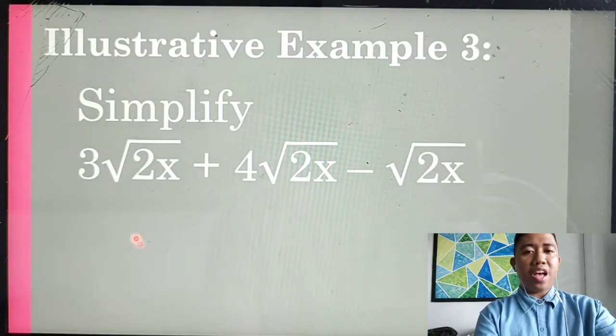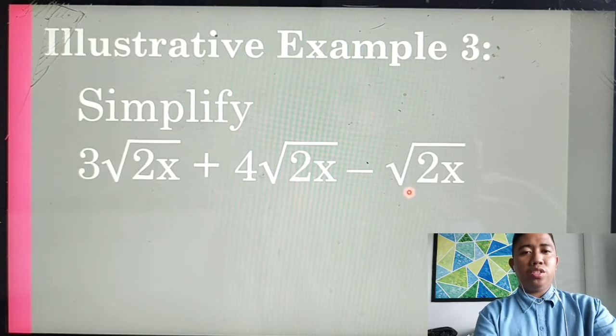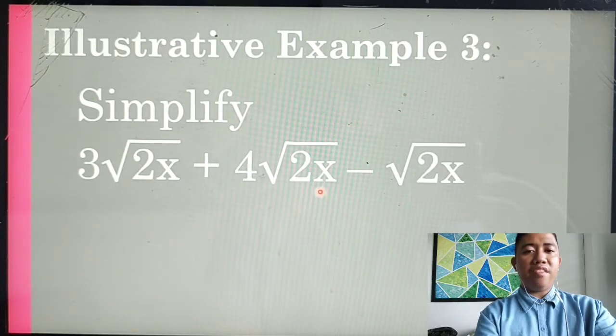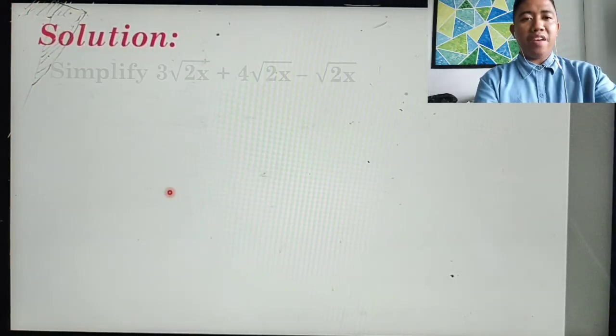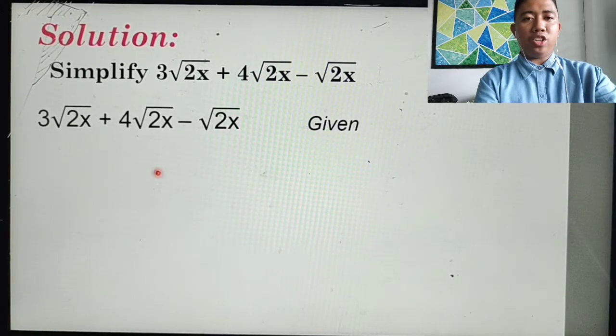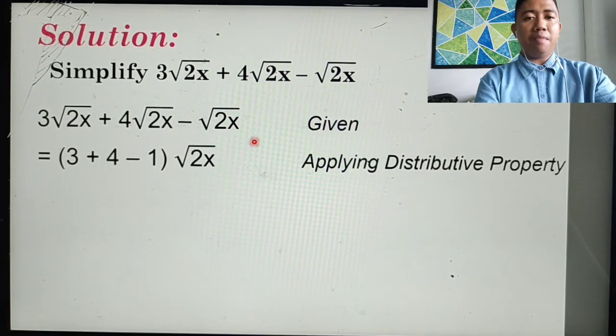How will you simplify 3 times the square root of 2x plus 4 times the square root of 2x minus the square root of 2x? To simplify this given radical expression, here is our solution. First we have the given, and after that, the same manner is to apply the distributive property.